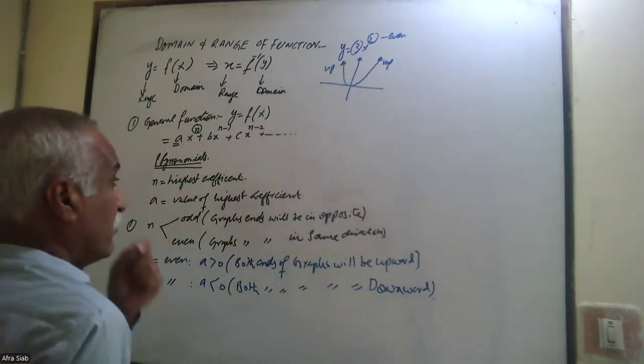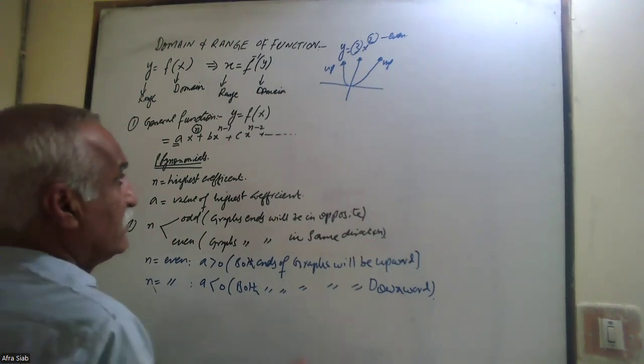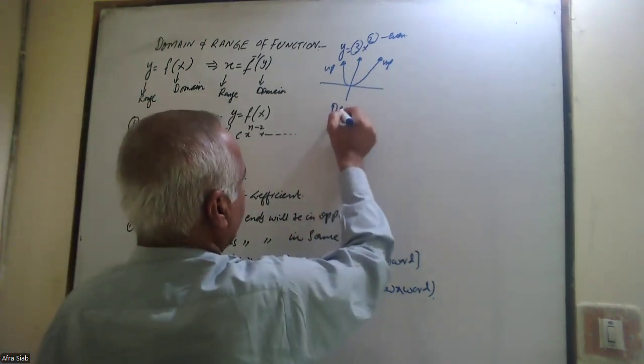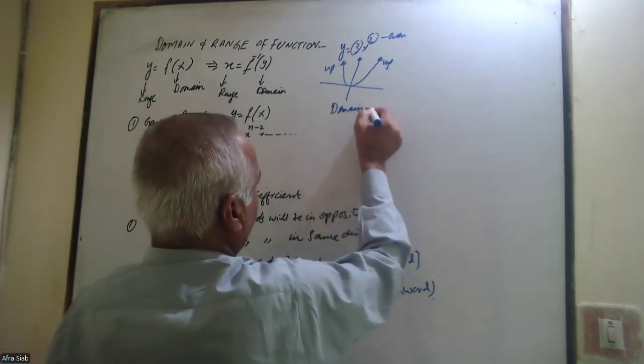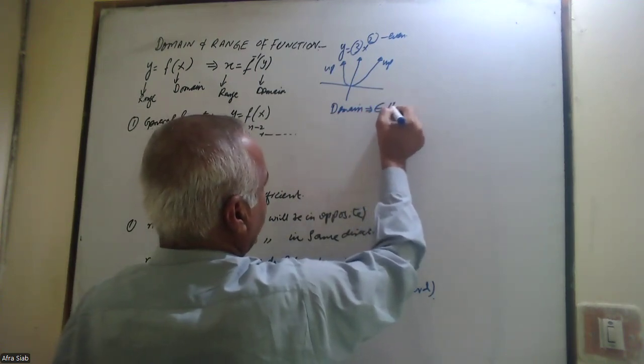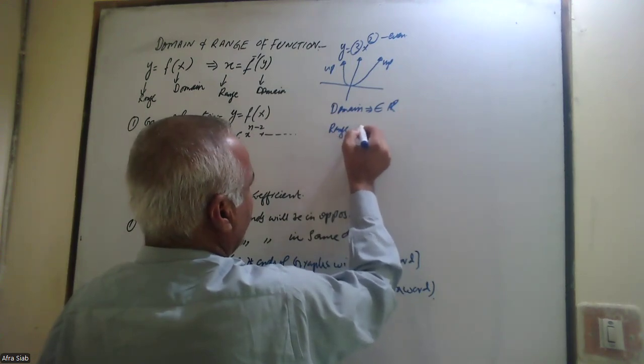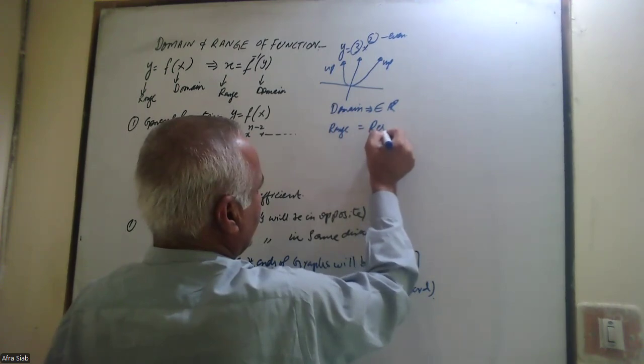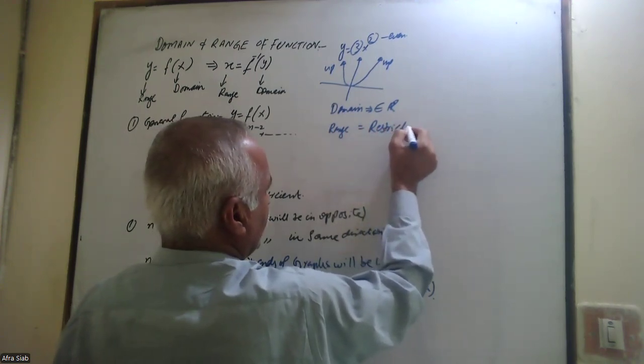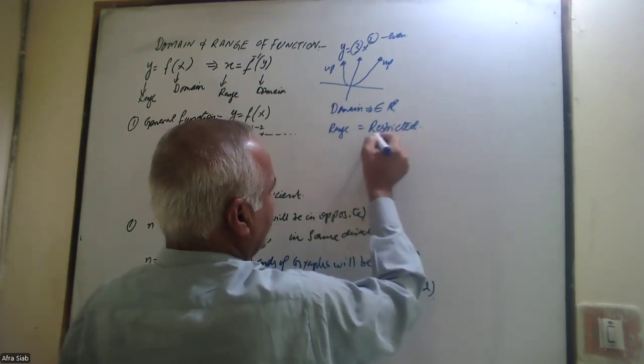It means that the domain belongs to all real numbers, but the range of this graph is always restricted. Why is it restricted?